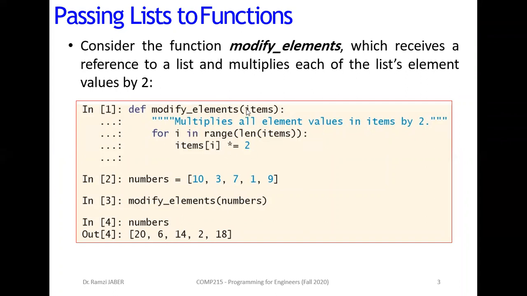To enter this list, we need a for loop: for i in range of the length of the list item. So i will be from 0 to the length minus 1, so i here will be the index of this list. So here we modify: item i equals item i times 2. Okay?